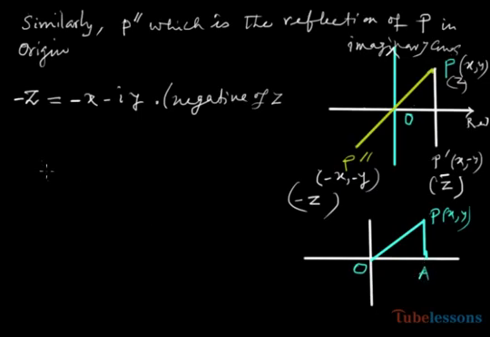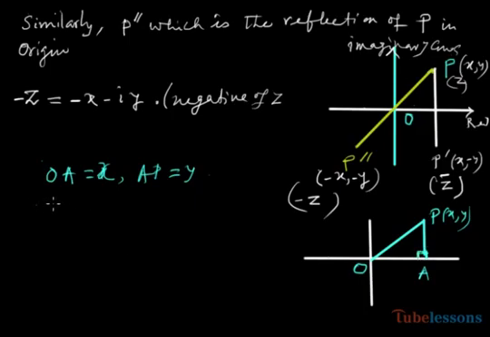Now here OA is equal to X units and AP is equal to Y units. And this is a right angle triangle.